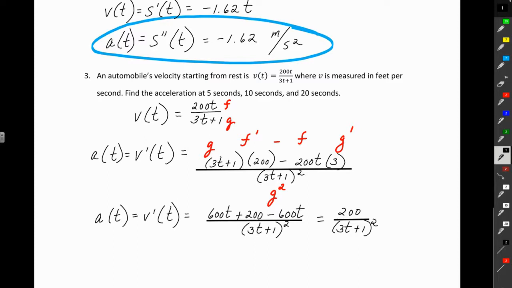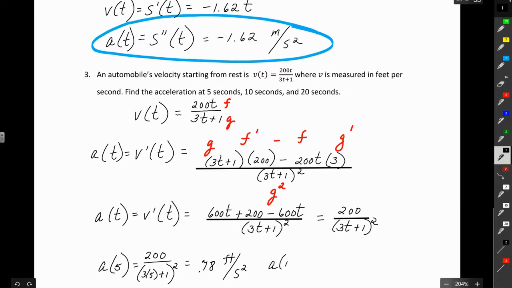So we know that the formula for acceleration is 200 over (3t plus 1) squared. And we're being asked to find the acceleration at 5 seconds, 10 seconds, and at 20 seconds. So all we have to do at this point is input 5, 10, and 20 into the acceleration function. So the acceleration at 5 is equal to 0.78 feet per second squared.